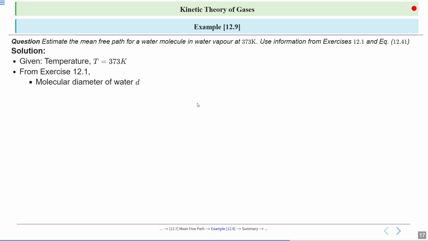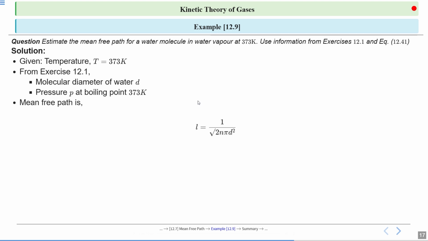So from exercise 12.1, we have the molecular diameter of water denoted as d, and the pressure P at boiling point, 373 Kelvin. We are trying to find the mean free path. This is the average distance a molecule travels before colliding with another molecule.